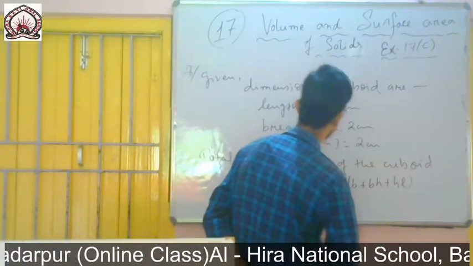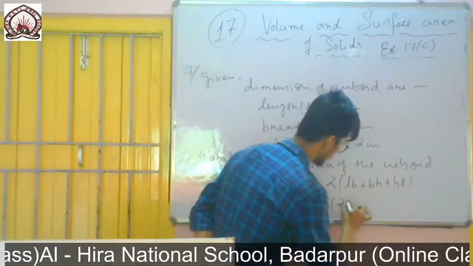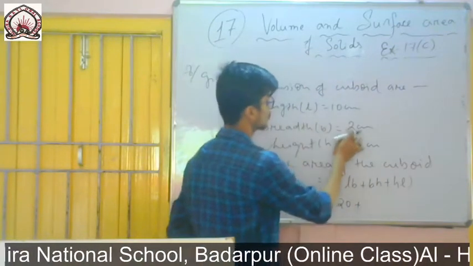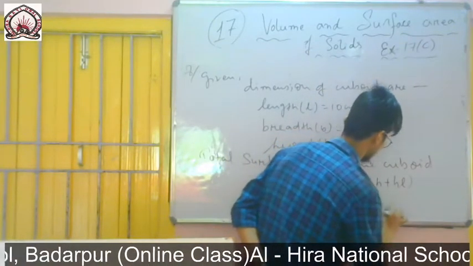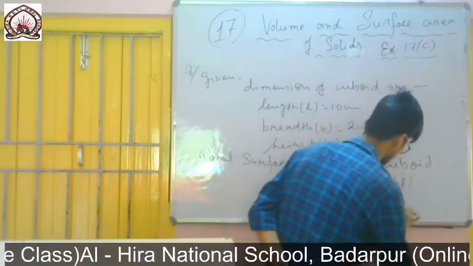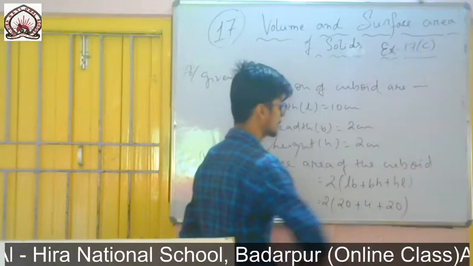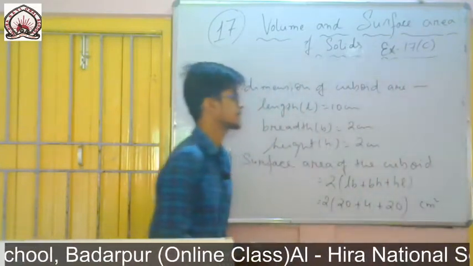So 2 into length into breadth, 10 into 2 it is 20, plus breadth into height, 2 2s are 4, then height into length, that means 2 into 10, 20, and unit will be centimeter square.